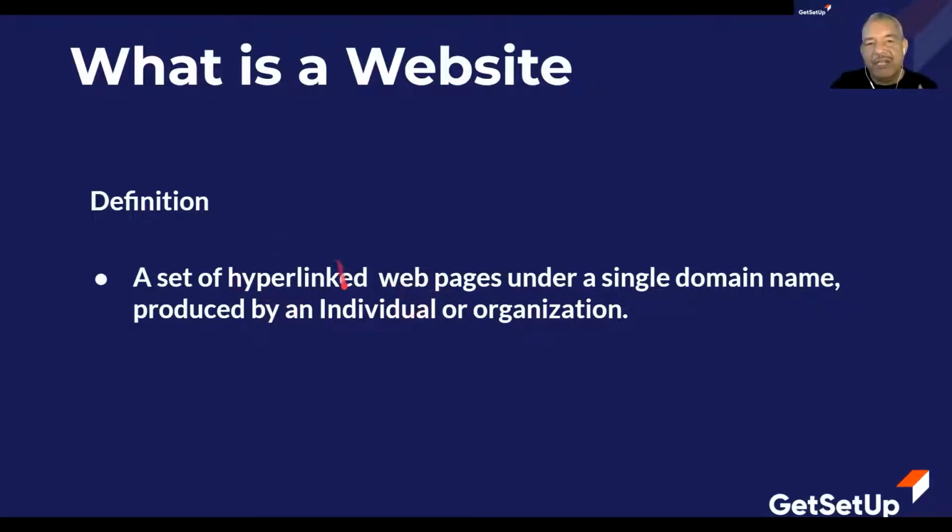So it is the navigation of multiple web pages under a single domain name. A domain name is very essential for a website, and it is unique. It is produced by an individual, for personal use, or by any organization, which could be for business, non-government, or a fundraiser, you name it, and anyone can create one.